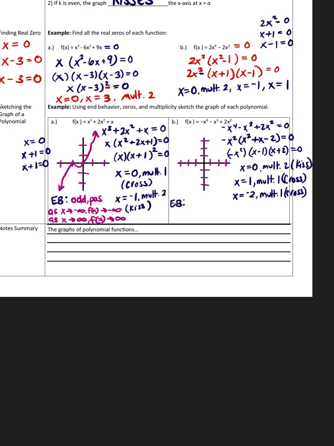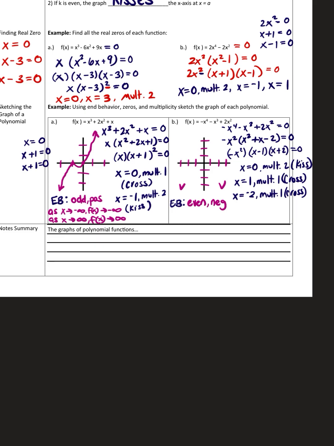All right, so this time I have a negative coefficient but an even degree. So since I have a negative coefficient and an even degree, so we are looking at even negative, that means that it's going to be facing down. So I'm going to have 2 arrows that are going to be facing downwards.